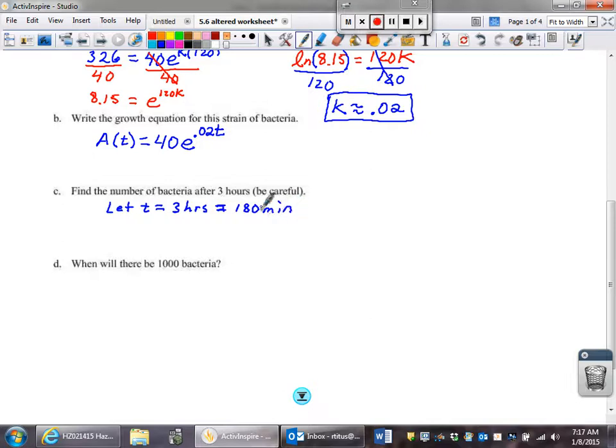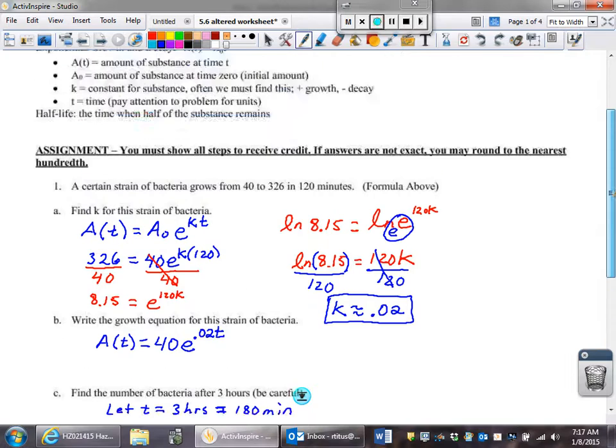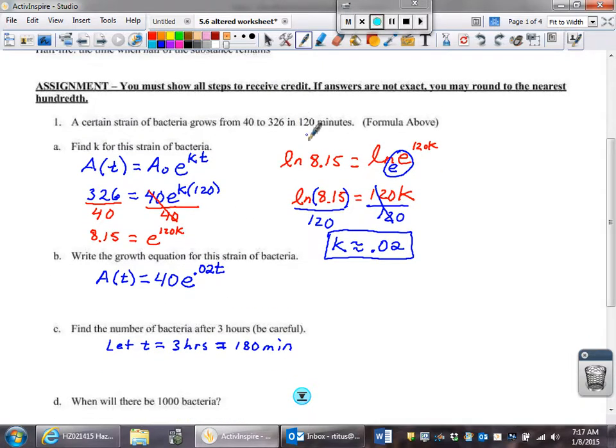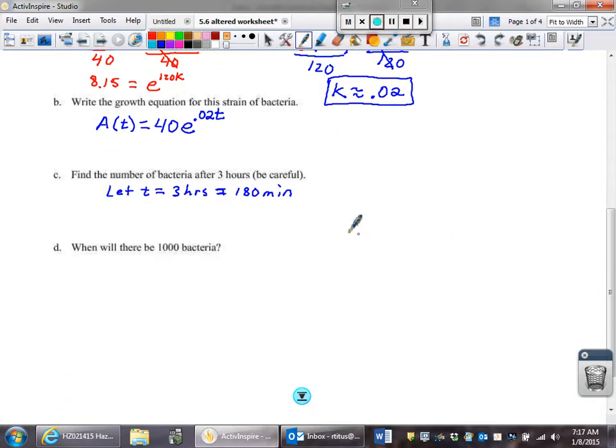Now we're going to be using the 180 minutes because back up here in the original part, it gave us 120 minutes, and we used minutes to create this k value. This k value, which is 0.02, only works in minutes. So therefore, I have to use the 180 to solve this problem.